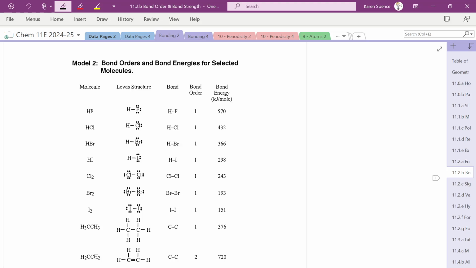Did we have any questions from our bond orders and bond energies?